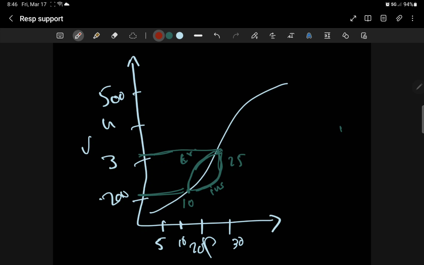Think of it this way. If we are increasing the PIP for oxygenation, which is the point over here, then we're in the inspiratory capacity, we give more pressure to open up more of the lung.